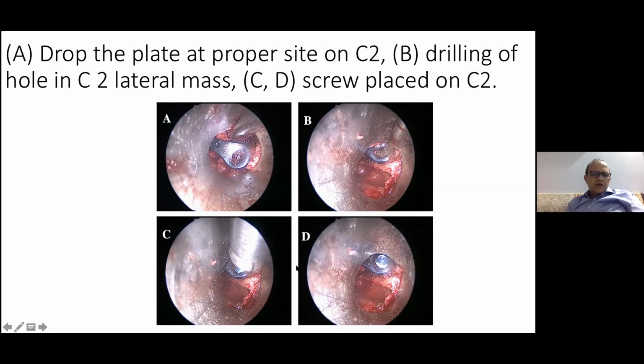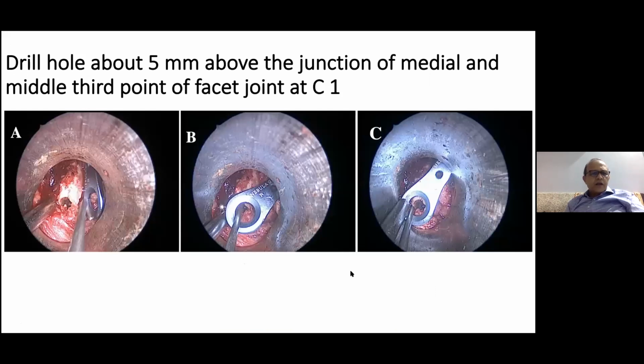This is when the screw is being inserted, and after the screw is fully inserted in C2, you rotate your plate, and at C1 you make the hole, and after that put in a screw.